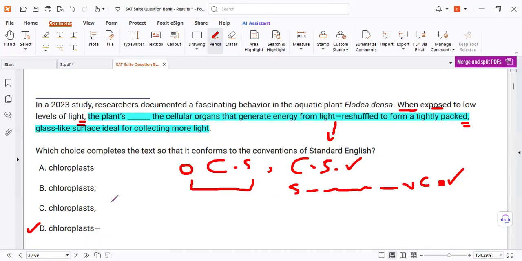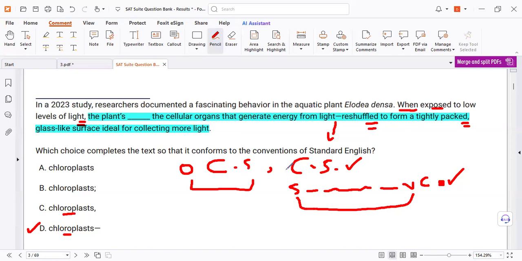Between the two dashes, it tells the reader the definition, which means the chloroplast, a cellular organelle that and so on. So the definition, here we have the subject, agreed with the verb. And it is a complete clause because the structure is a complex sentence.